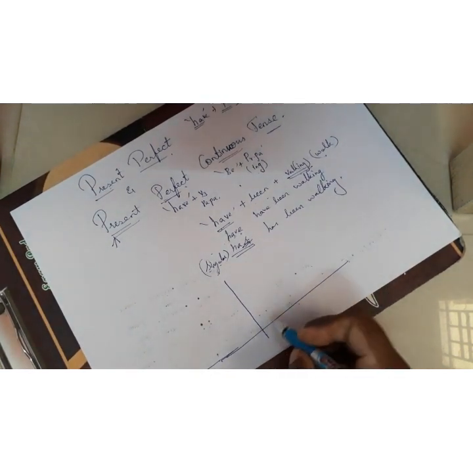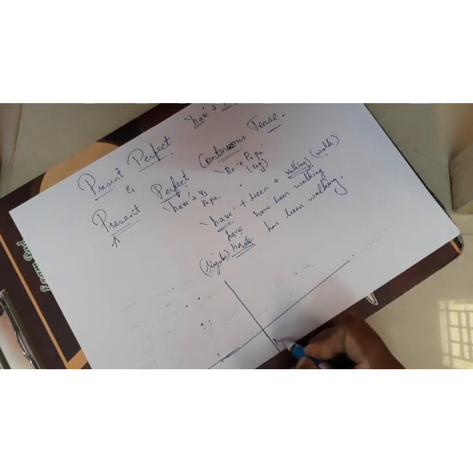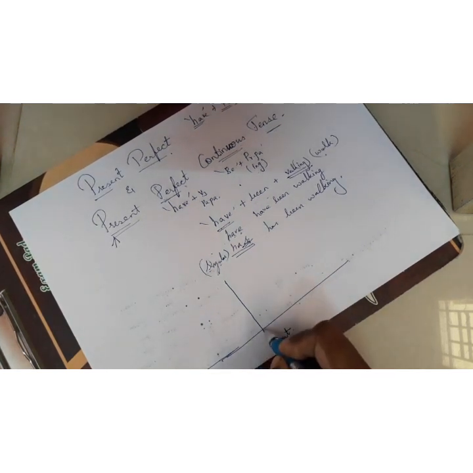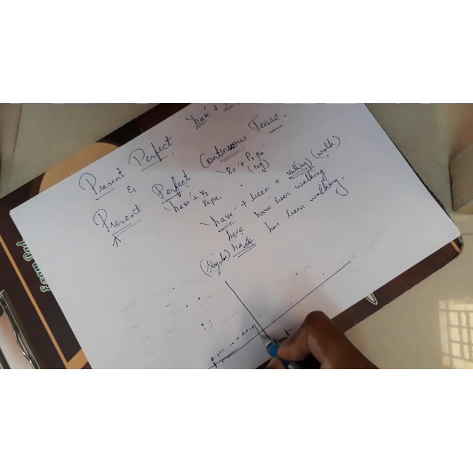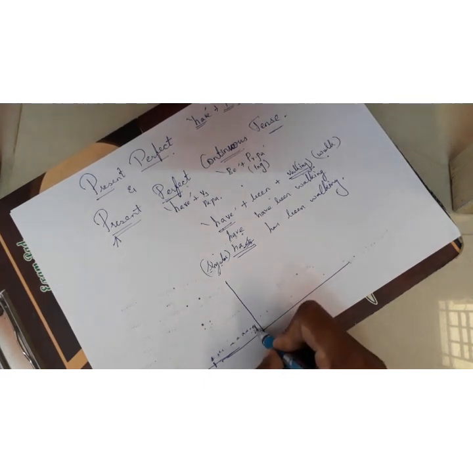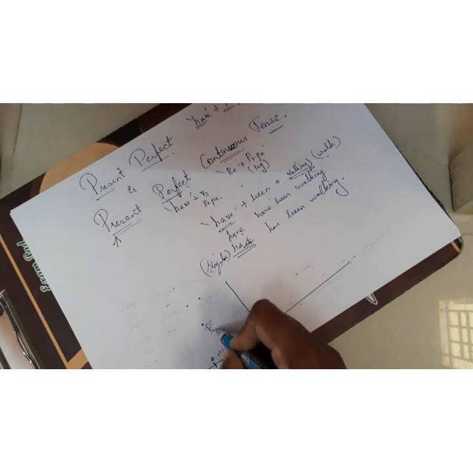See here, this is the present. Present perfect, what I told before, is used when an action starts in the past, continues, and is completed recently. In such cases we have to use present perfect.